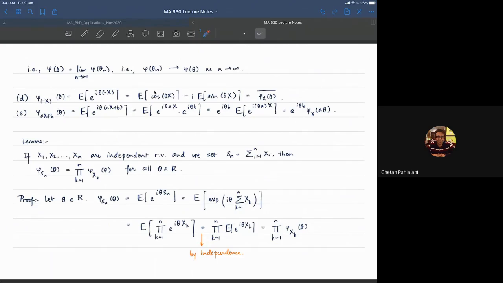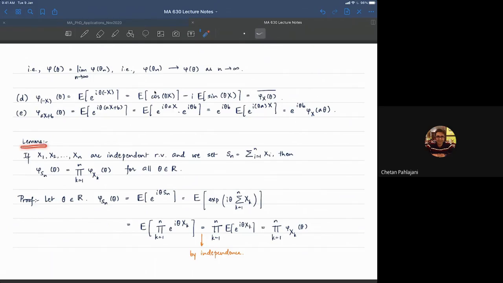One of the nice things is that if I take a sum of independent random variables, then the characteristic function of the sum is just the product of the individual characteristic functions. This helps you go a long way in proving the central limit theorem. Maybe not a long way, but this is an important idea you use.